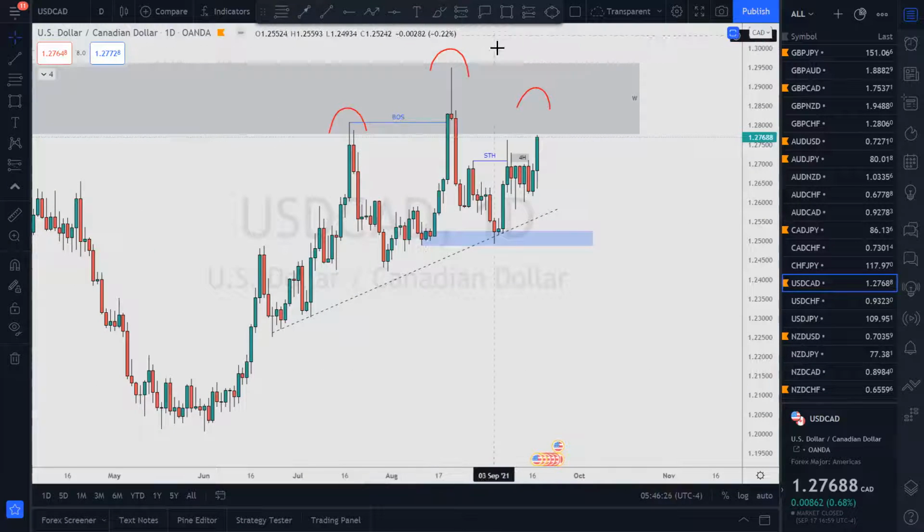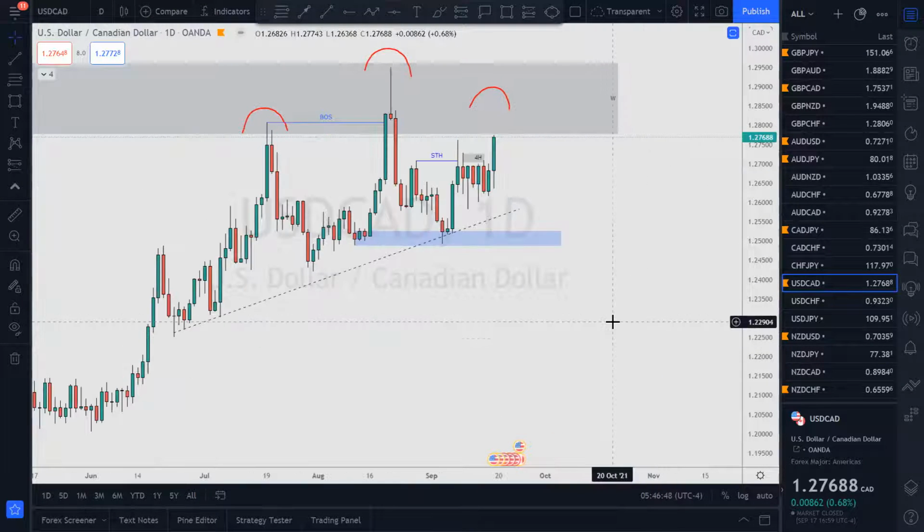We do have a higher, not so high just yet. I'm hoping that this forms a lower high relative to this one, and price turns bearish, right? Because this looks like a reversal pattern in the making, a head and shoulders, right?